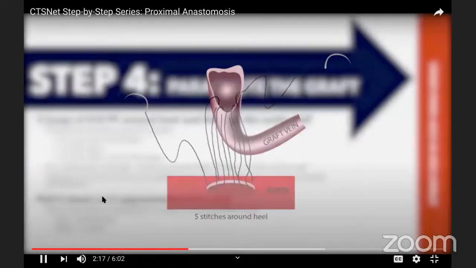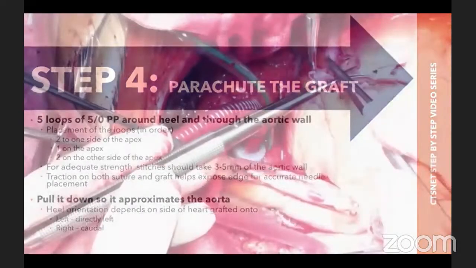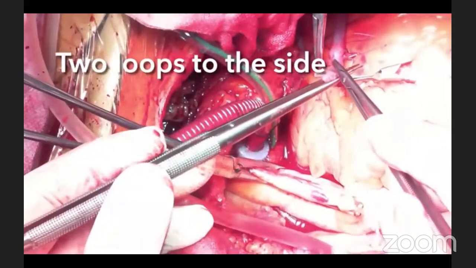Make sure to maintain traction on the suture and the vein graft to expose the edge of the aortic opening for accurate needle placement. 2 of these loops will be placed to one side of the apex of the heel.